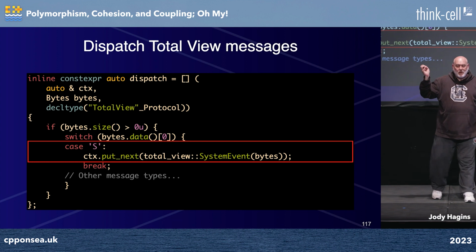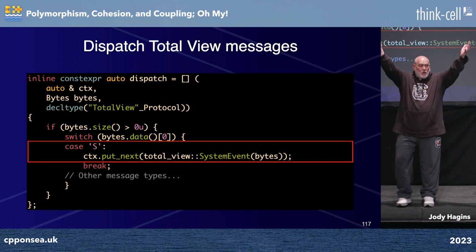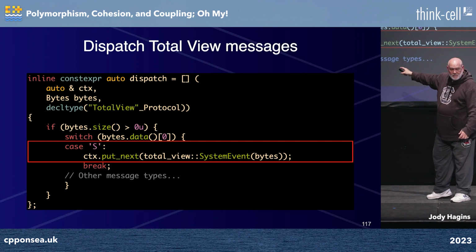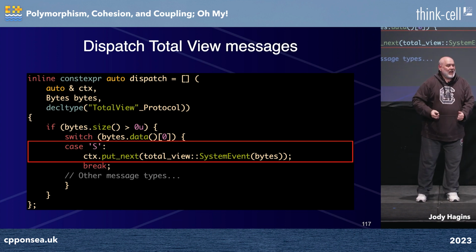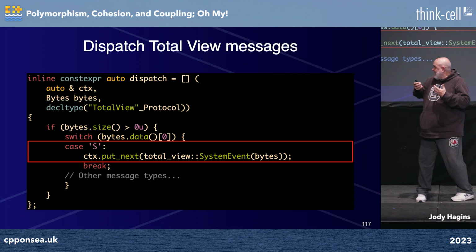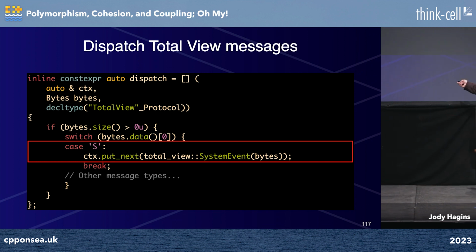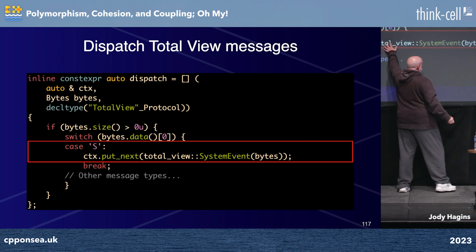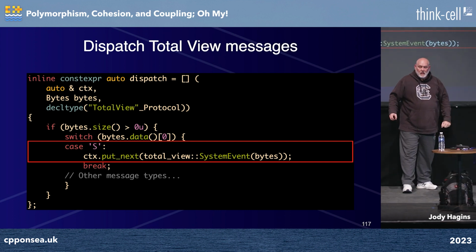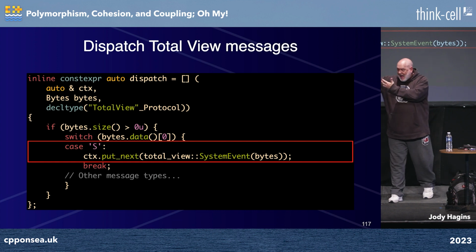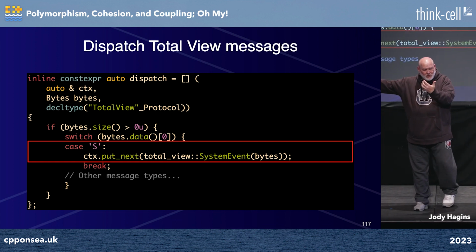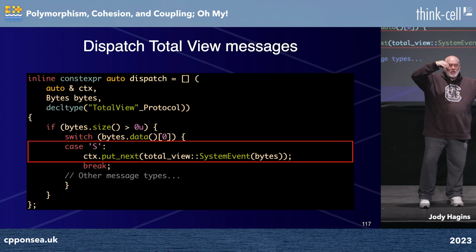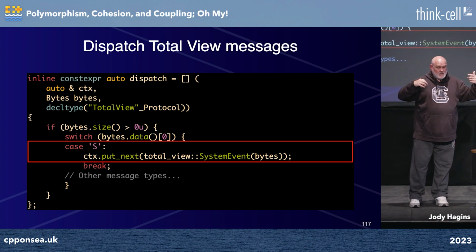Once you're inside there, put next is similar. What context.put next does is tell the framework, put these to the next guy in line. So it says, hey framework, take this parameter, which is just this system event, combine it with all the things that you still have in your reserve of stuff that you're sending along, and call put next on the next module that allows it.